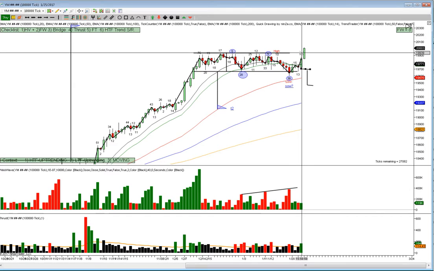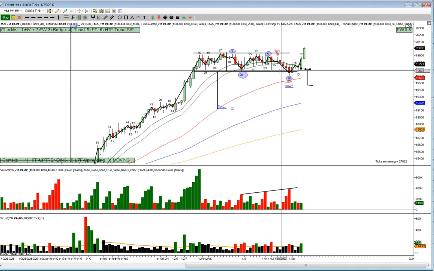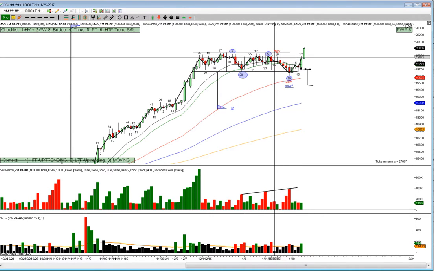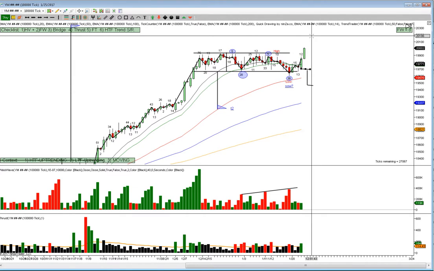This rally is not just buying. These sellers have to cover their positions, and that's what causes strong rallies. It's typically two things: short covering and higher time frame players. When they come in, it can cause massive rallies.